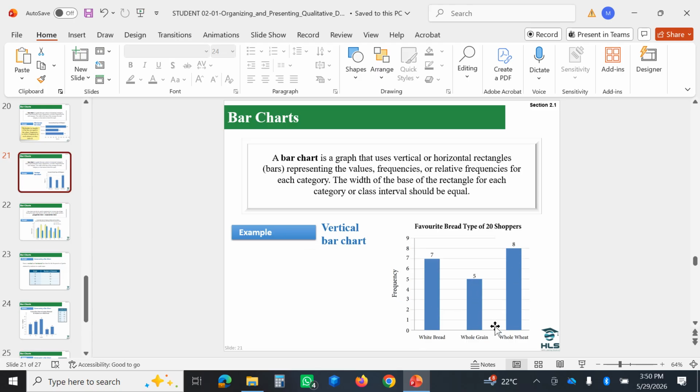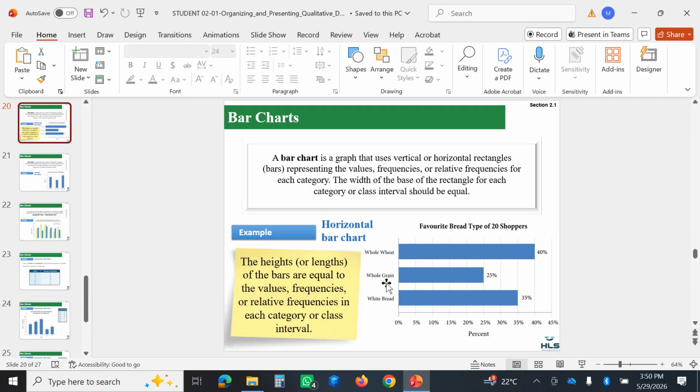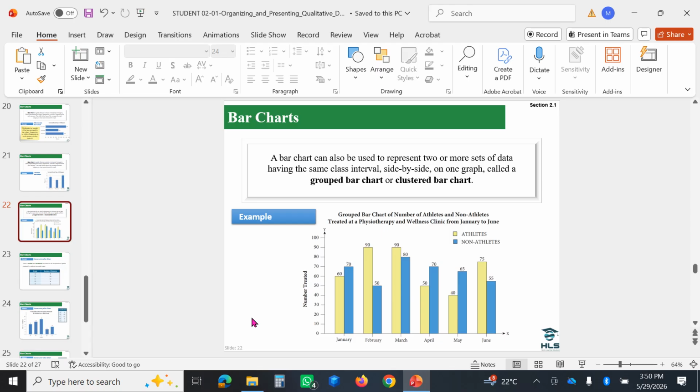This is the more commonly used aspect, the vertical, but I have seen many horizontal bar charts. You can even have grouped bar charts, where we're looking at two different charts on the same chart.